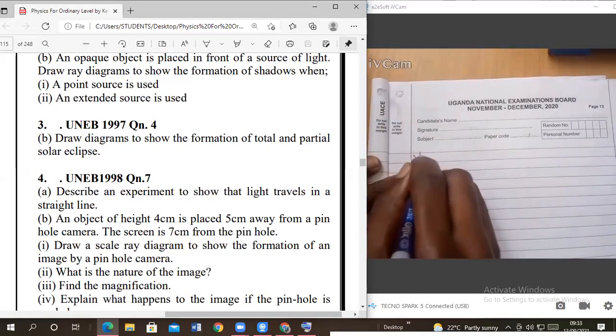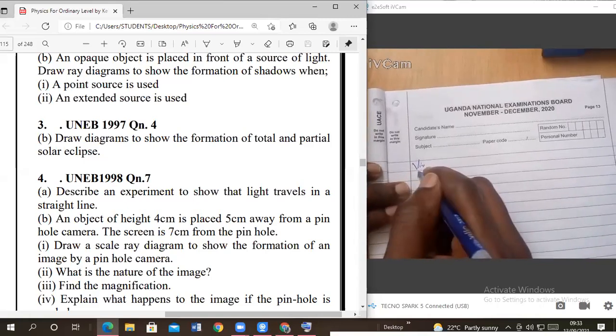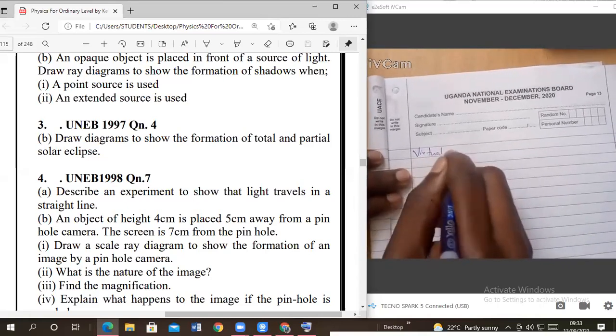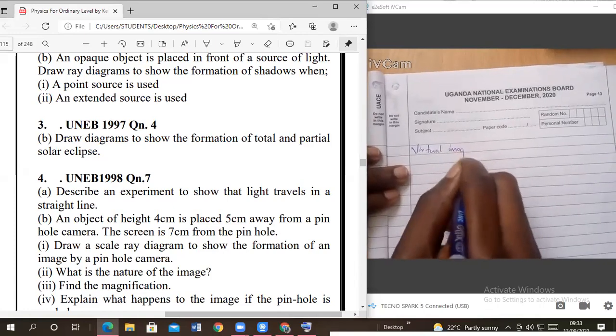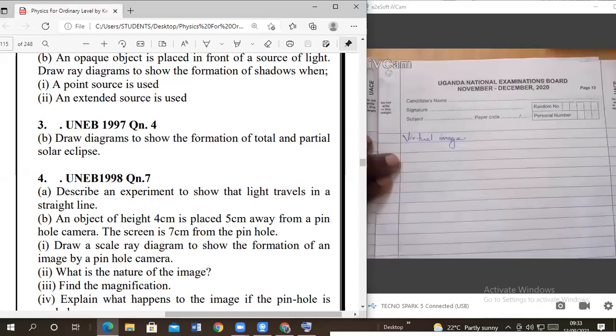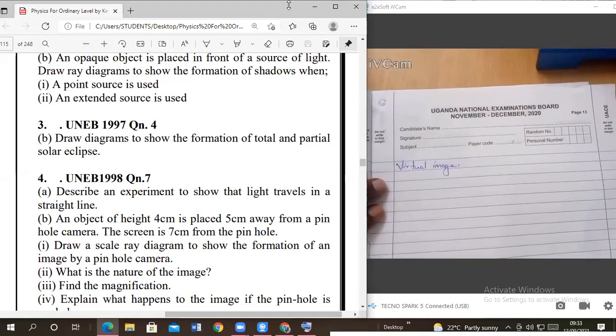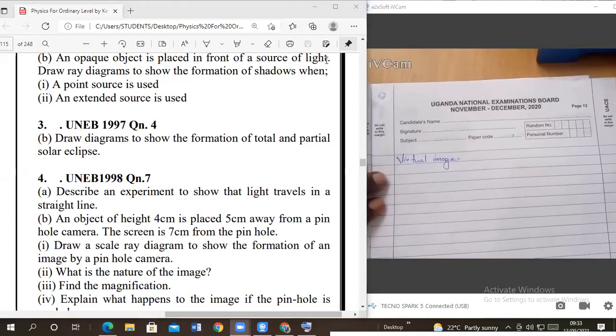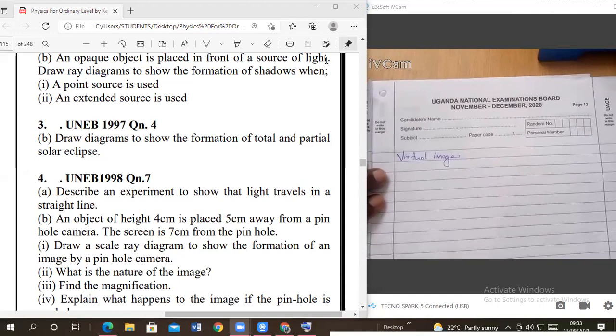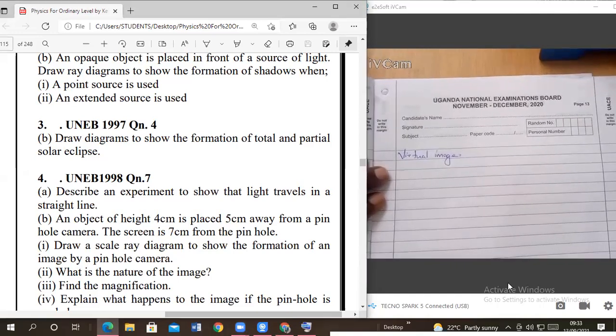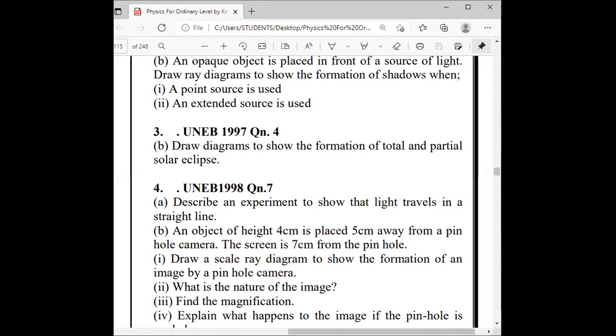Virtual image. Members, virtual what? Image.